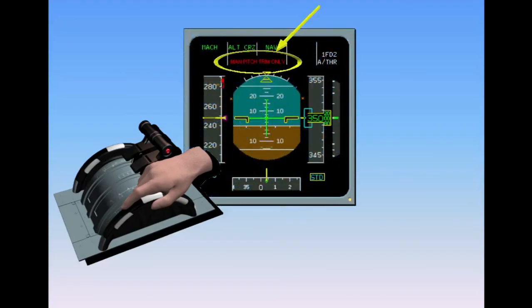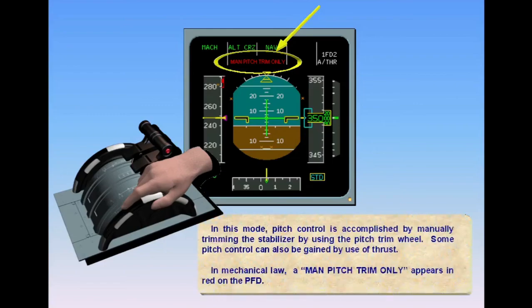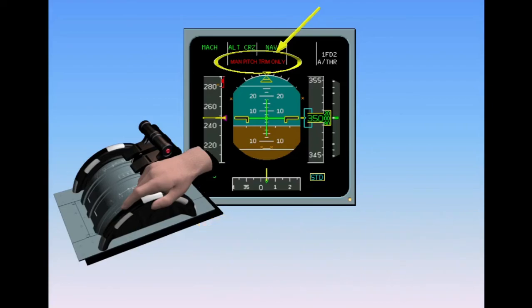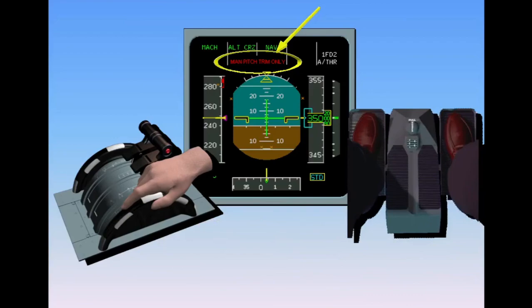Some pitch control can also be gained by use of thrust. In mechanical law, "Man Pitch Trim Only" appears in red on the PFD. Lateral control is achieved primarily by using the rudder pedals. Some lateral control is also available through thrust.